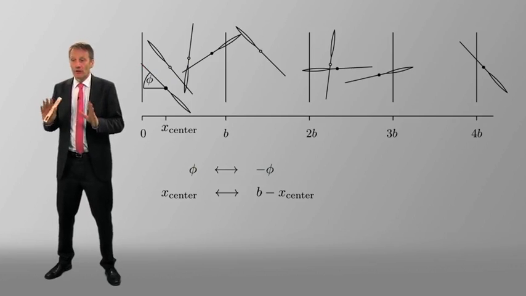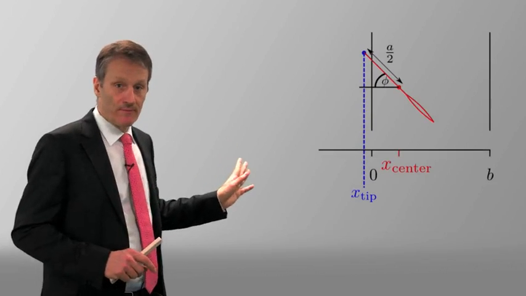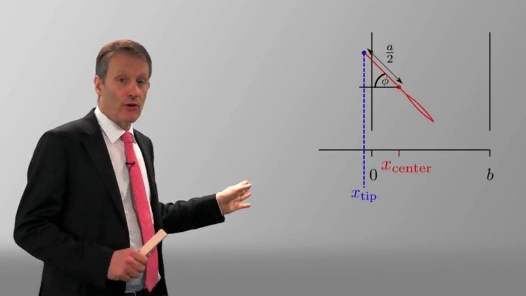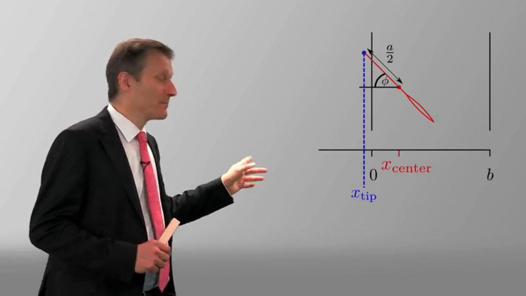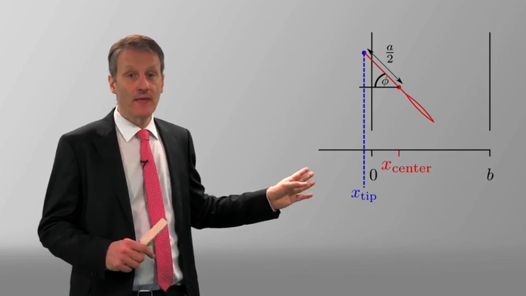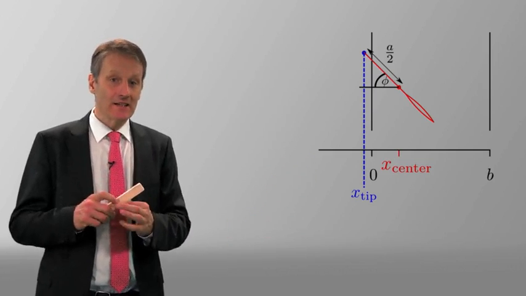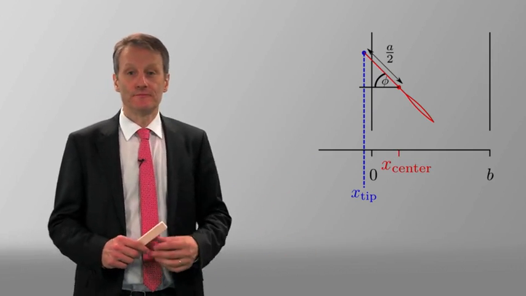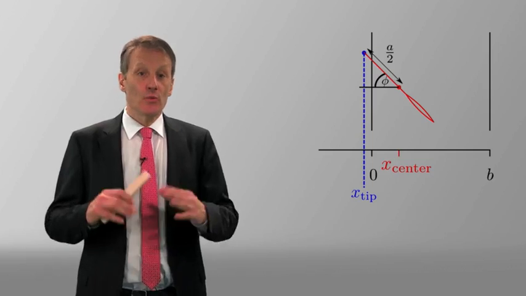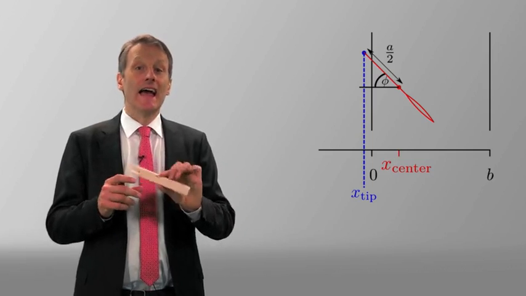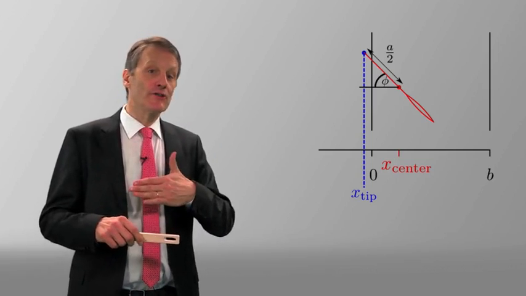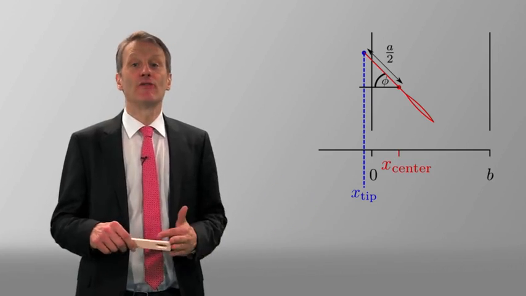So we may look at a reduced problem where phi goes from 0 to pi over 2, that means to 90 degrees, and x center goes from 0 to b over 2. We suppose that the angle phi is uniformly distributed and also that x center is uniformly distributed.